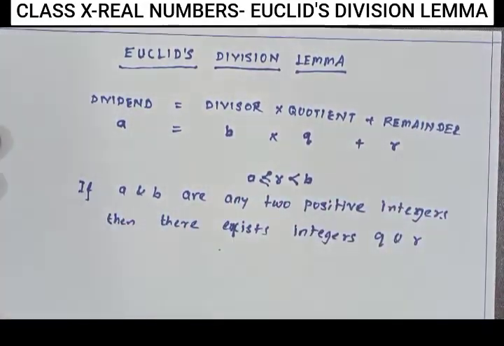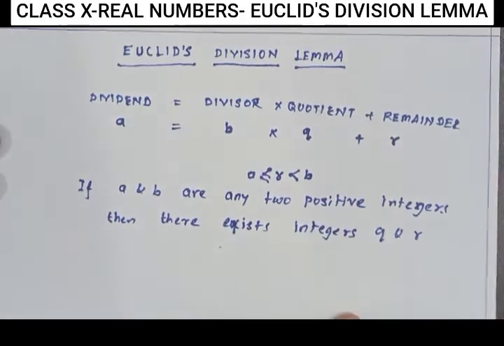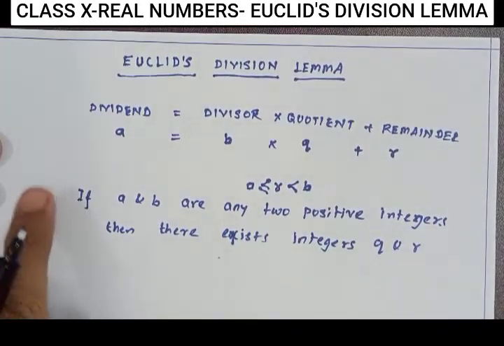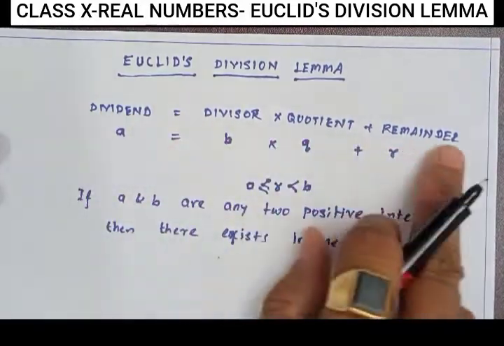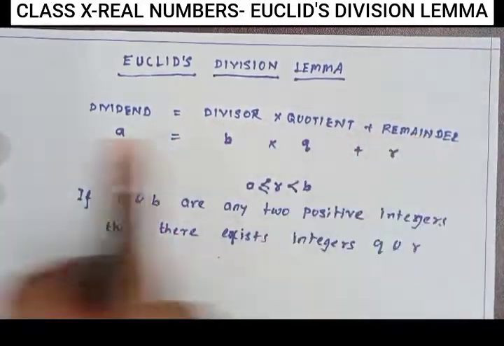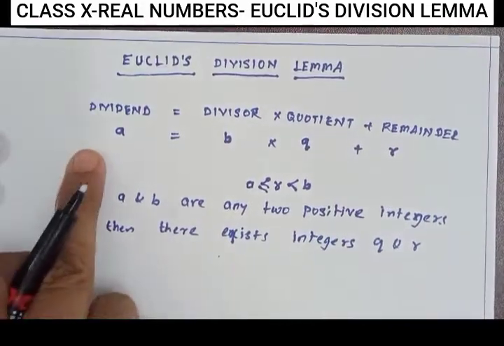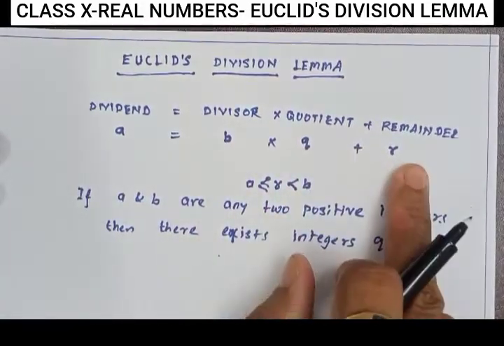So actually this is our Euclid's division lemma. Clear to all? Yes. So simply that verification formula you know, the same we will be continuing. So a equals b into q plus r.